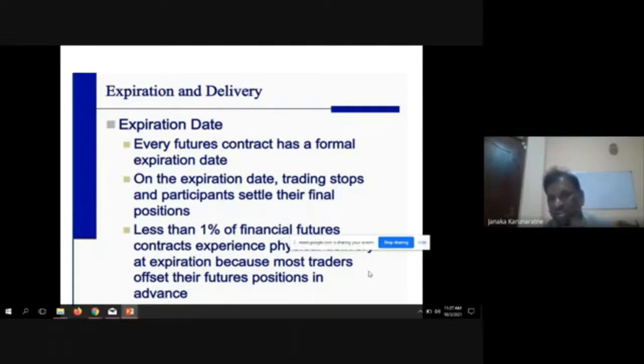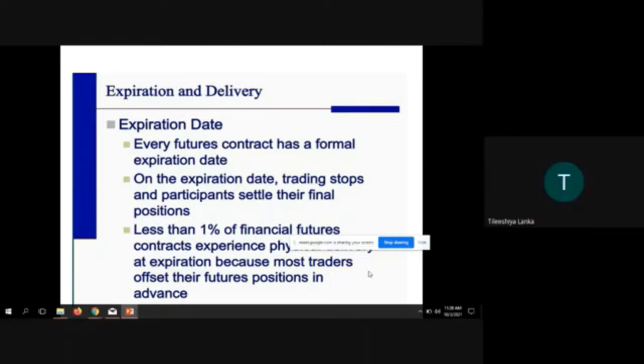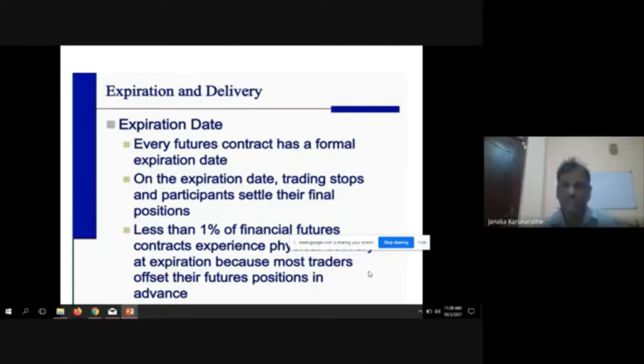So there won't be trading of that futures contract thereafter. Let's say I am the buyer and the seller has to deliver the contract asset and I have to buy it. Or, based on the difference between my buying price and the futures price prevailing at that time, either party has to settle depending on the price.